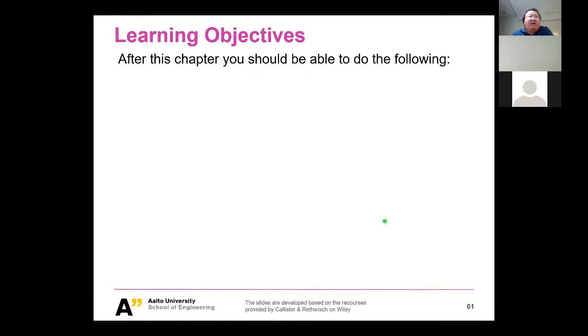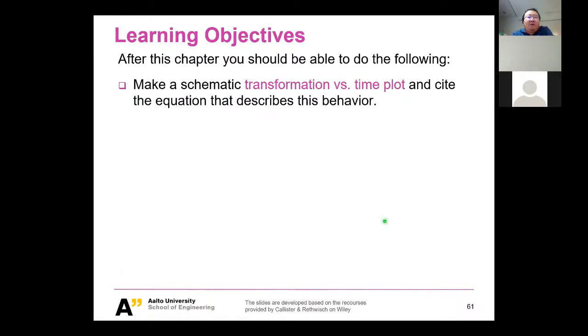Once again, after this chapter, what you will be able to do is first, you can make a schematic drawing of the transformation versus time. So you will know how much time you will need to complete your phase transformation in an equilibrium condition.